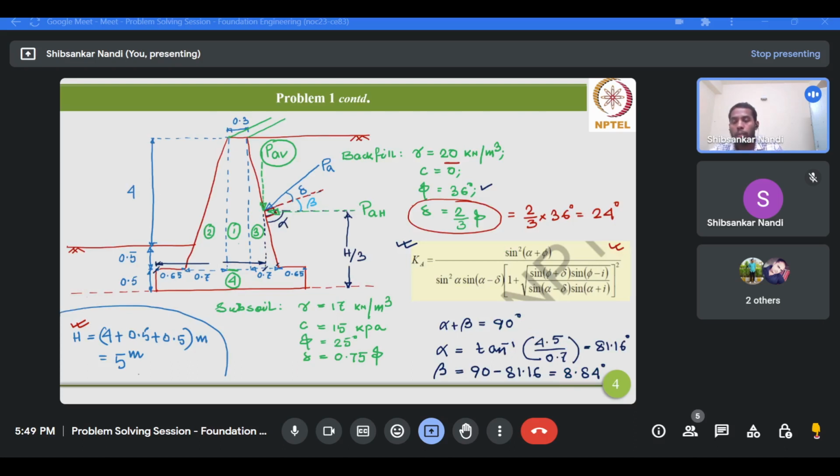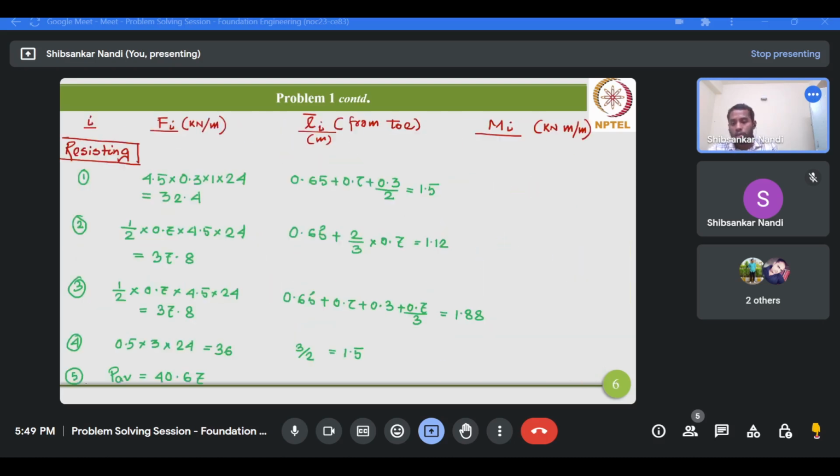So 0.65 plus 0.7 plus 0.3 plus 0.7, because 0.7 up to this part, then we will basically minus this 0.18 meter. Okay, so 0.65 plus 0.7 plus 0.3 plus 0.7 minus 0.18. So that means 2.17 meter.